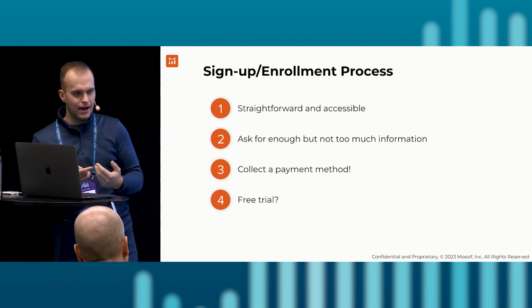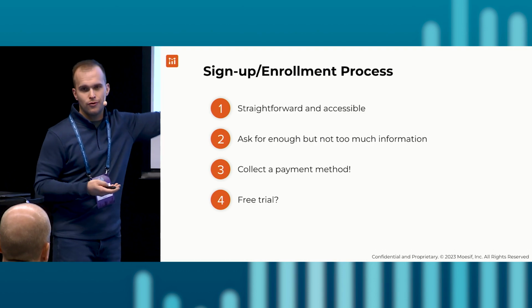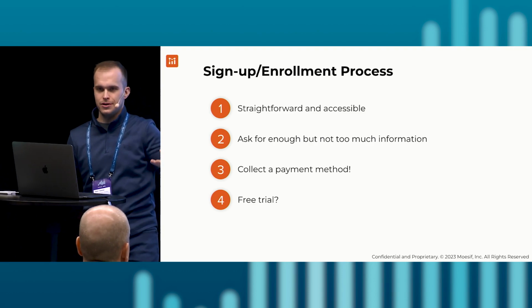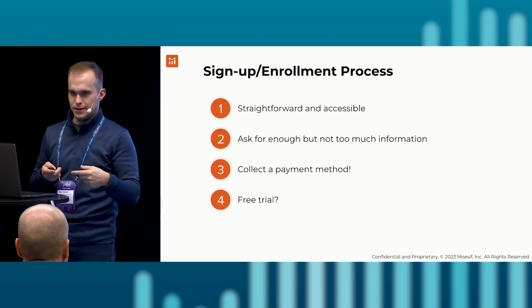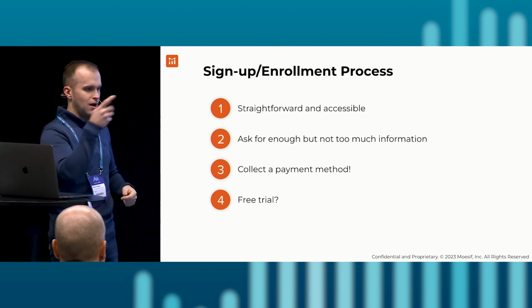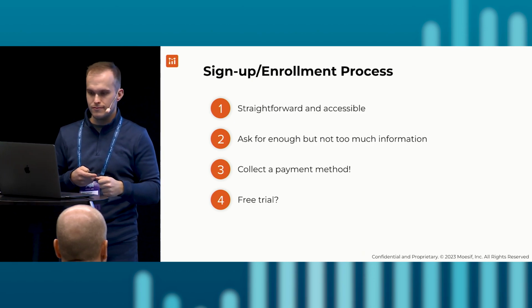So when we talk about how users sign up to use those APIs, what they need is something that's straightforward and accessible. You shouldn't have to go to your customer success team and talk to 10 different people to get API access. They should be able to go to your website, say I want to access that API, and then be able to access it. When you're registering folks, you want to ask for enough information, but not too much.